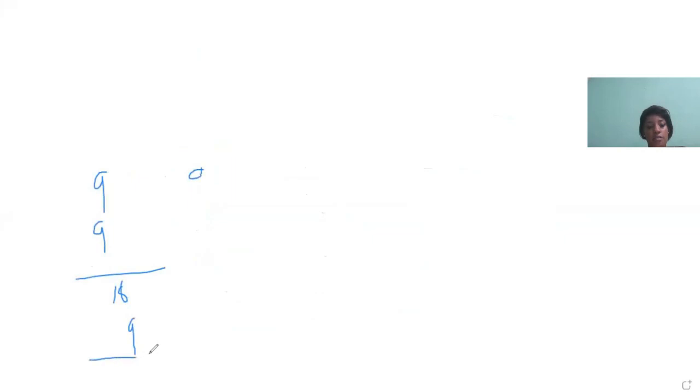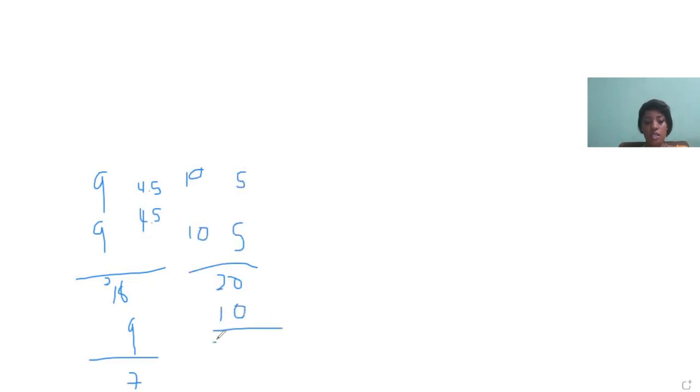So 18 plus 9 is 27, that's not 40. And it's 10 and 10, 20. And then 5 and 5 are 10. And that's 30.